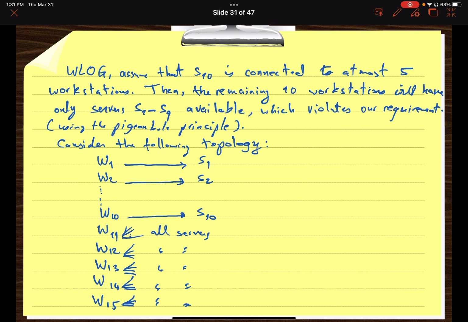And if S10 is connected to a maximum of 5, I still have the remaining 10 to be served by only 9 servers. Do you know now where I got the 59? I found the solution 60, and then I showed that we cannot do it with 59. And this is what your book did. It first presented to you the solution for 60, and then showed that 59 cannot work.